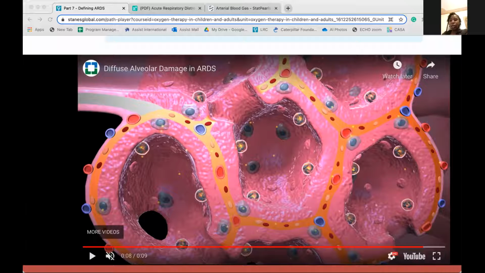In this stage, the edema will start to wear off, so that you'll have some sort of resolution of pulmonary edema, and then you will start seeing early deposition of collagen in this patient. And if patients do not recover in this stage, they go to the next stage, which is the fibrotic stage.